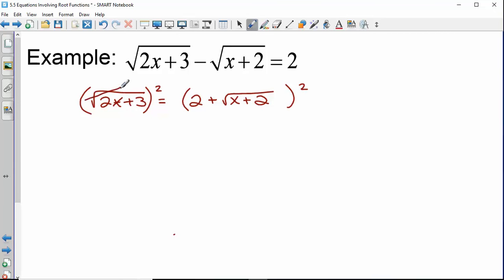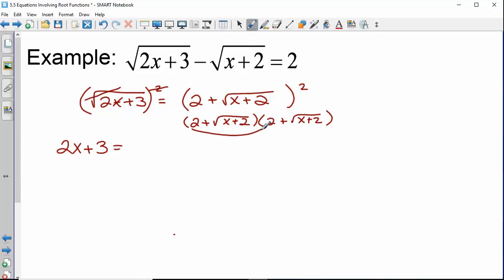On the left, the square and the radical drop. On the right, can I just drop my radical? What does this mean I have to do? Yeah, because of that addition, we have to FOIL. Okay, so here we go. 2 times 2 is 4.